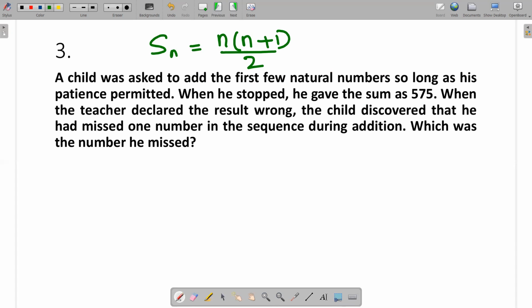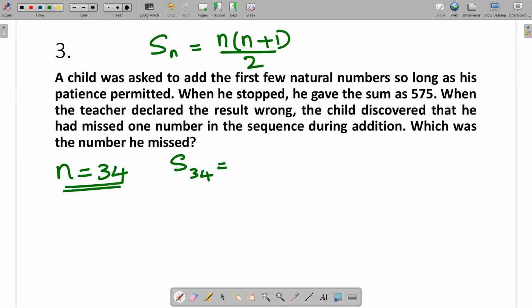Here we can see that when n is equal to the number 34, the sum of first 34 natural numbers, S34, will lie close to this 575 and within the range.